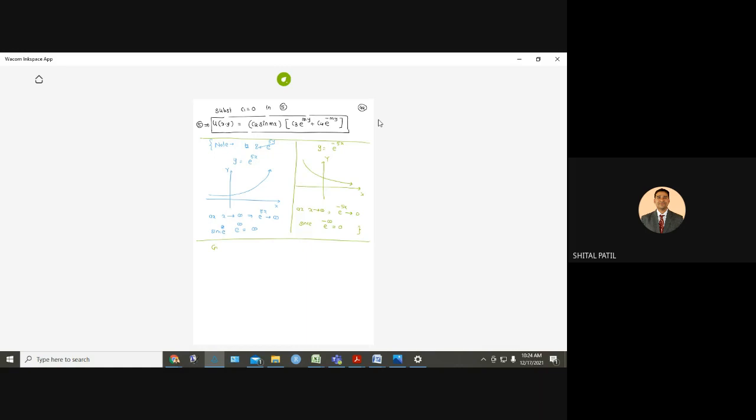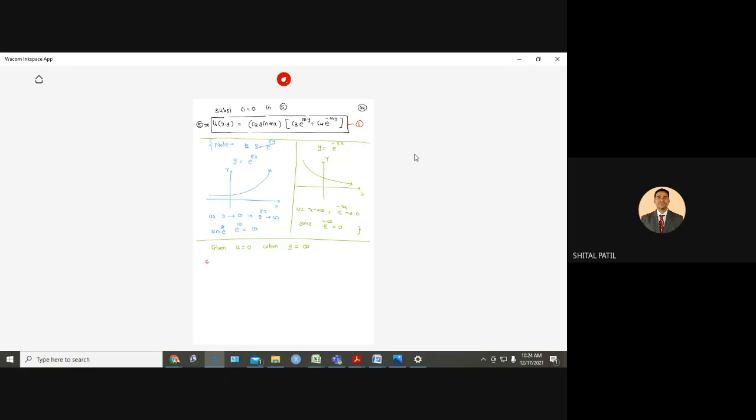Given the third condition, u equal to 0 when y equal to infinity. Let me substitute this and we'll see what happens. I'm substituting in equation number 6.